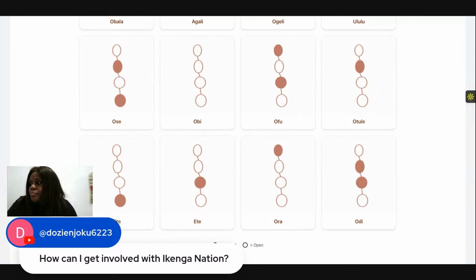Ete and Odi are the ones I got confused with. I remember I got Ete wrong the last time. Ete is... let's see, Ete, the pie, this is number three.